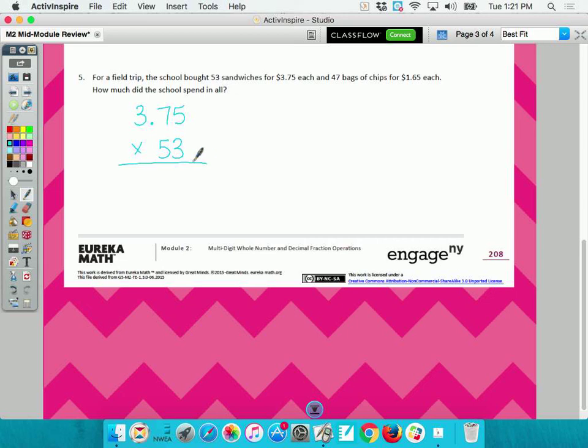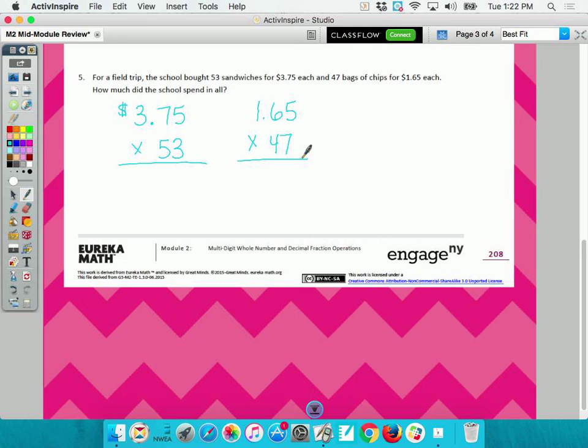And the cash register will do that for them, won't it? Yep. And then, what are they going to do with the chips? They're going to do the same thing. How much are the chips? $1.65. And they're going to scan one bag of chips and then take it times 47.